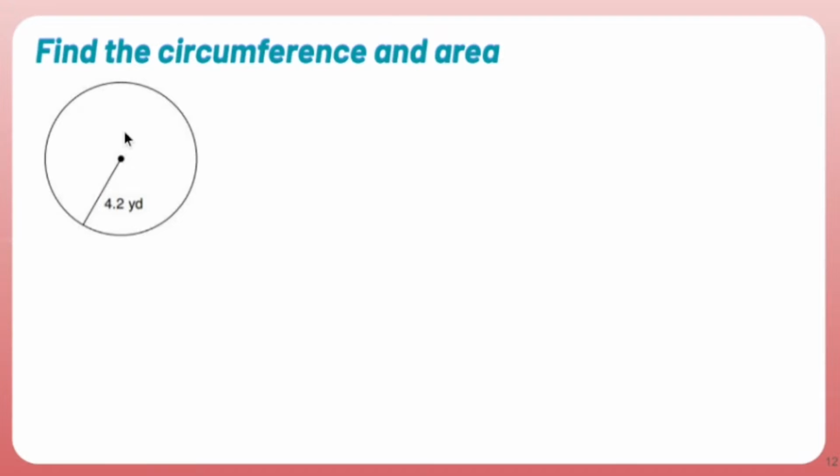Find the circumference and area of a circle, something that you learned way back in the day, but we're bringing it back. Circumference is the same thing as perimeter. The formula for circumference is 2 pi r. In this case, r is 4.2.